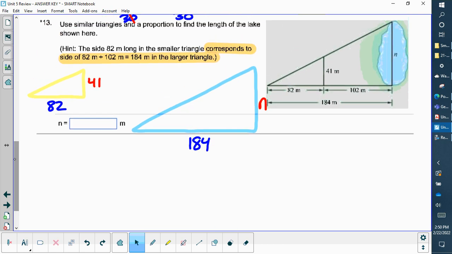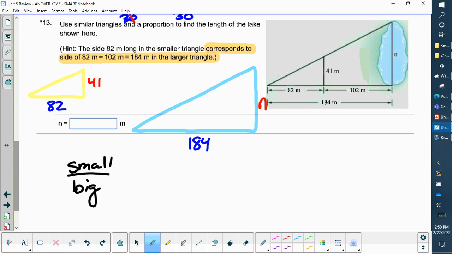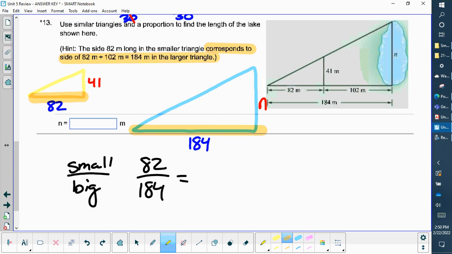I don't care how you do it, big over small, small over big. Maybe this time I'll choose small over big, as long as I'm consistent. So maybe I'll look at the horizontal sides first. Small over big would give me 82 over 184 equals. Now I'm going to look at my vertical sides. Again, since I chose small over big, small goes with 41, big goes with N. Cross multiply.